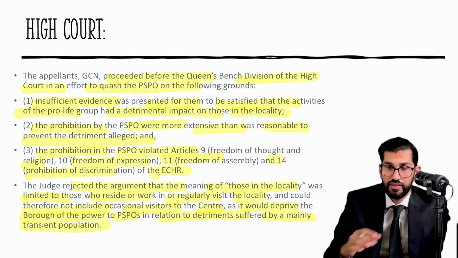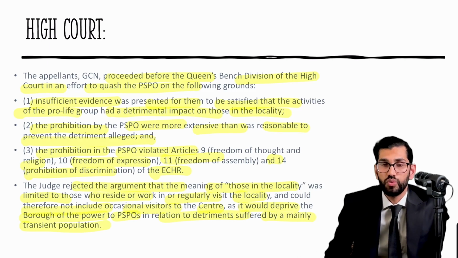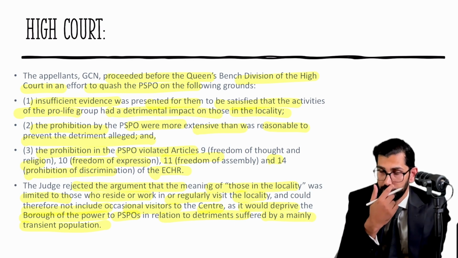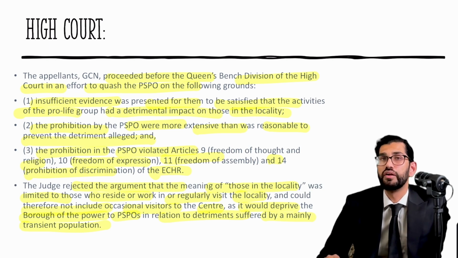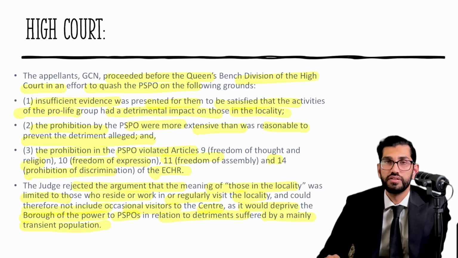So the High Court basically ruled against the petitioners, the Christian group of the protesters. The clinic also had made representations there, and of course Ealing had made detailed submissions before the High Court, and the court favored the respondents in this particular case.